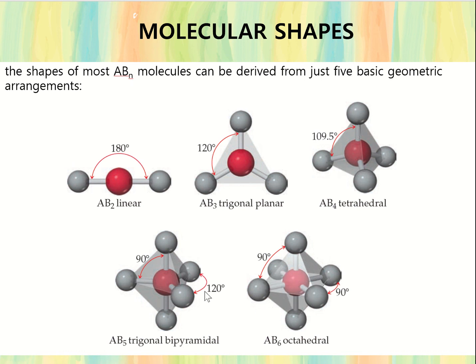And so AB2 is 2 here, AB3 is 1 2 3, AB4 is 1 2 3 4. For trigonal bipyramidal, we have 5 things attached to the central atom, and for octahedral we have 4 in the middle, 6 things attached to the central atom.